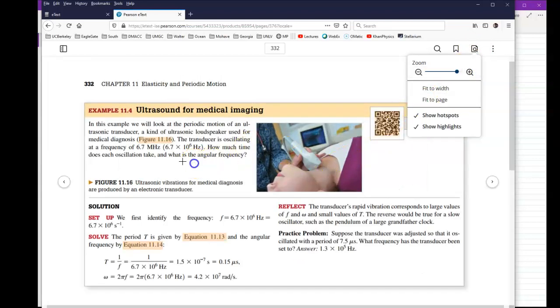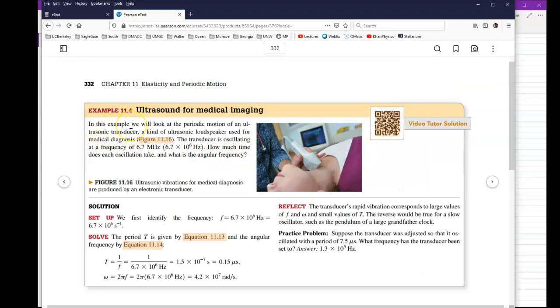It says in this example, we will look at the periodic motion of an ultrasonic transducer, a kind of ultrasonic loudspeaker used for medical diagnosis. The transducer is oscillating at a frequency of 6.7 megahertz.